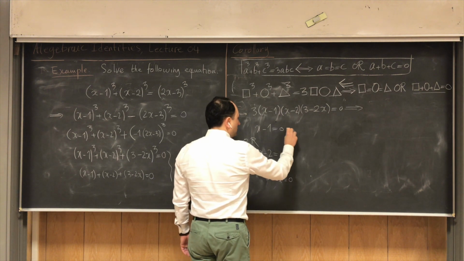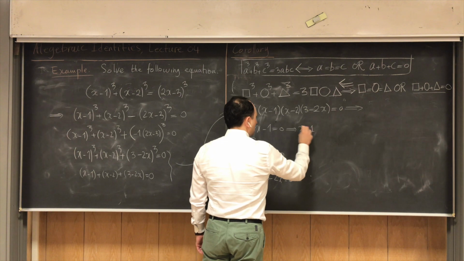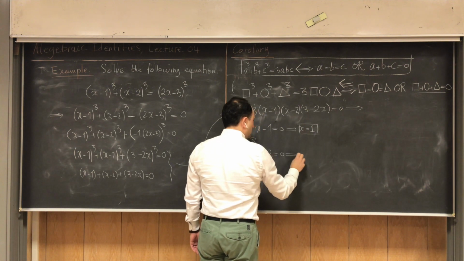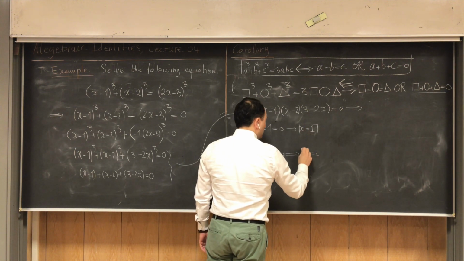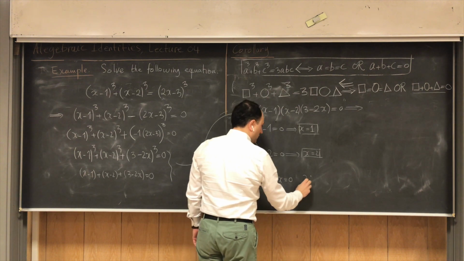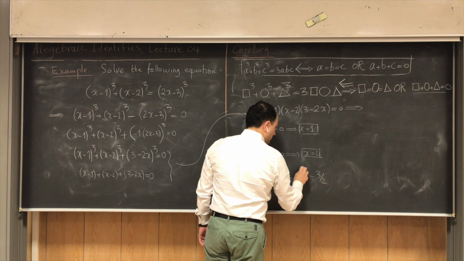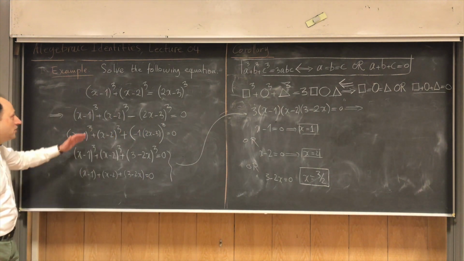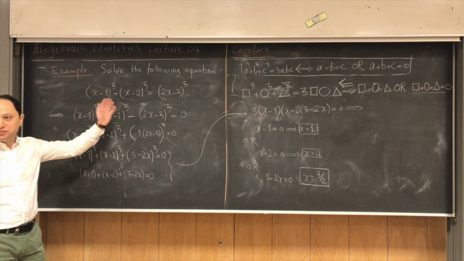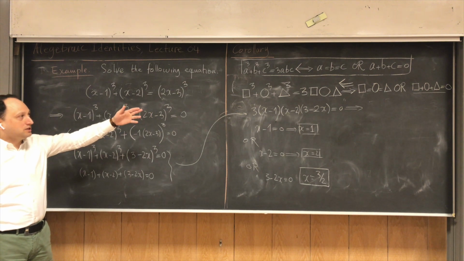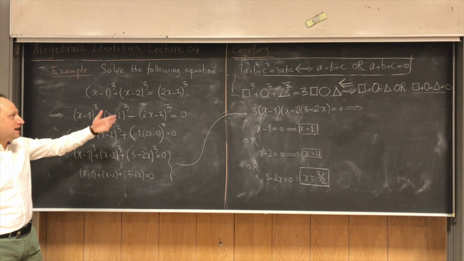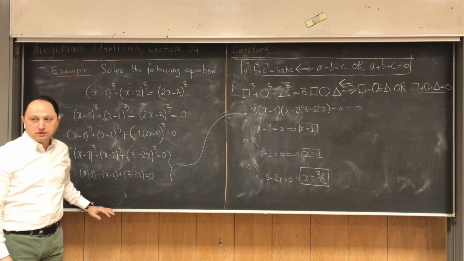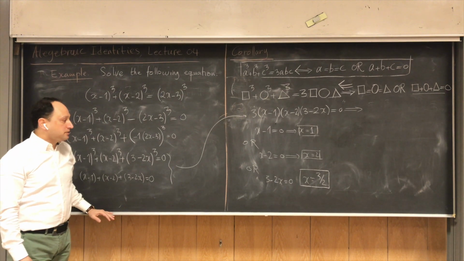If the first one is 0, I will get x equal to 1. If this is 0, I will get x equal to 2. And if that is 0, I will get 3 over 2. So you see, this problem was simple. But of course, this problem was fine-tuned so that you can use this one. But this has happened in a lot of questions, especially in contest math problems.